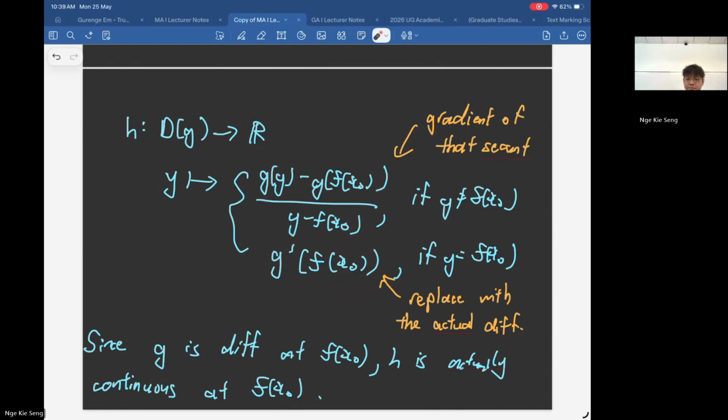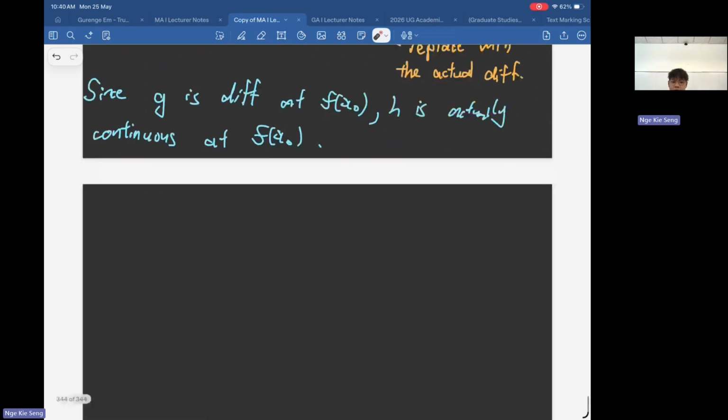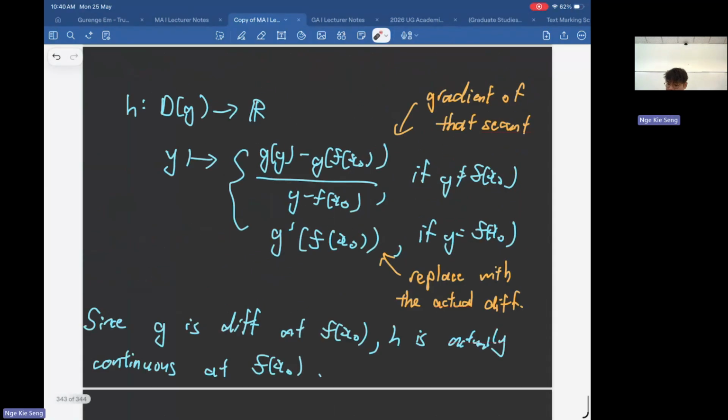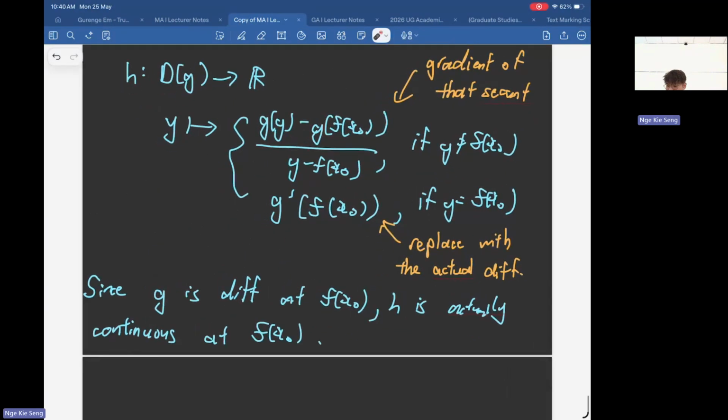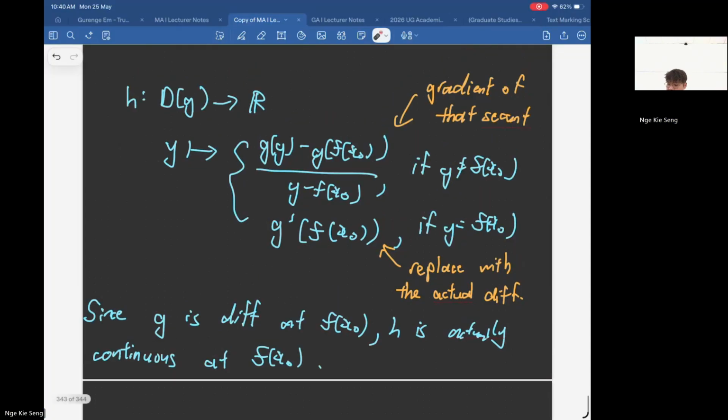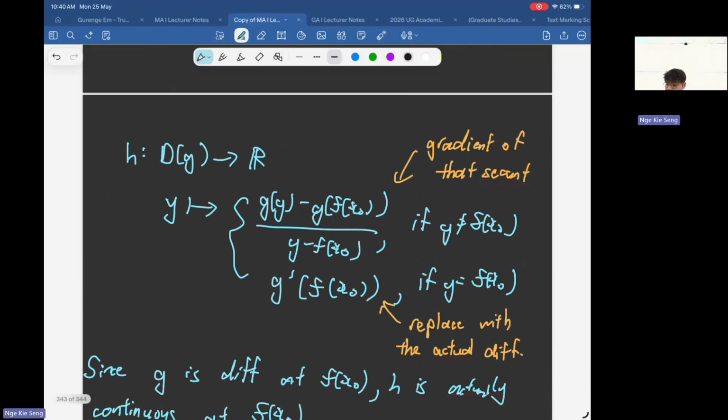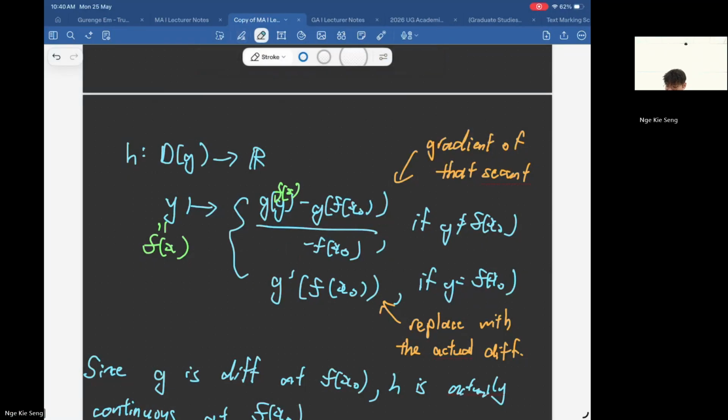Okay. So then what can we do here? We can compose it with f, so we can replace this with f(x).